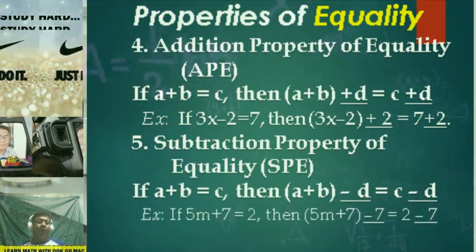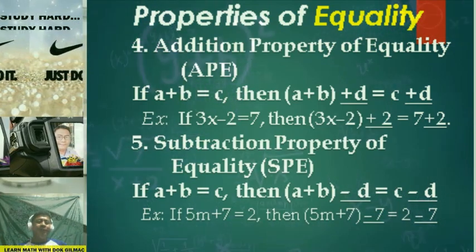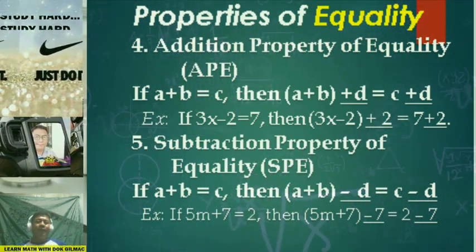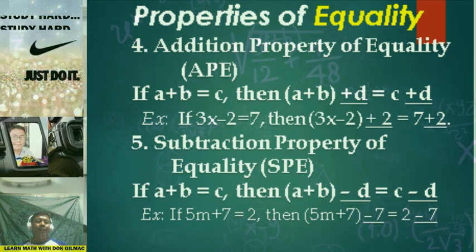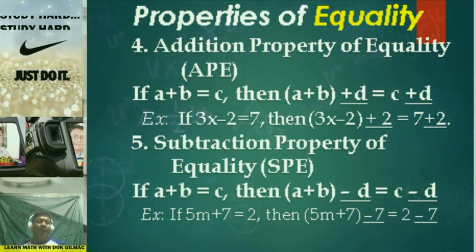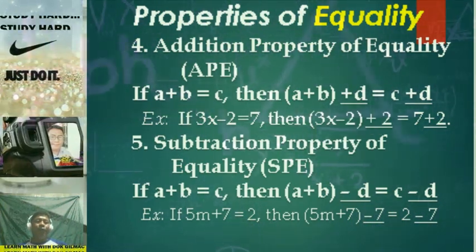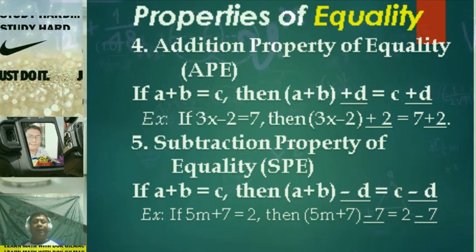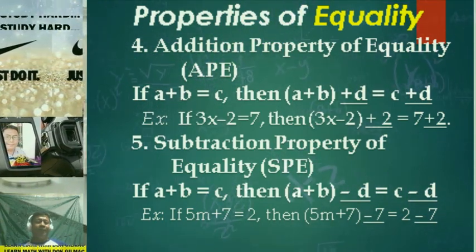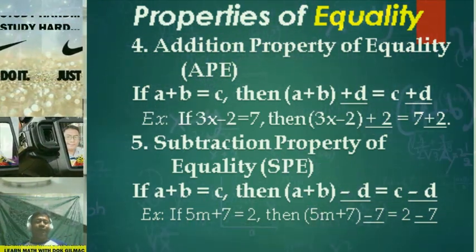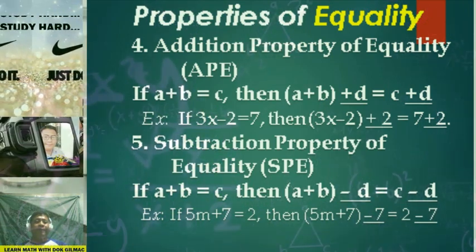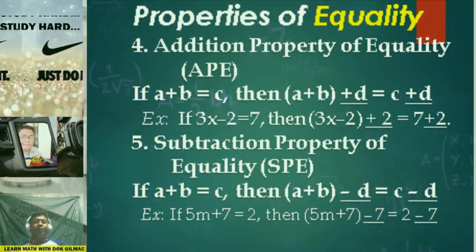For example, if 5m plus 7 is equal to 2, then quantity 5m plus 7 minus 7 is equal to 2 minus 7. As you can see, 7 is subtracted from the left side of the equation and the right side of the equation.